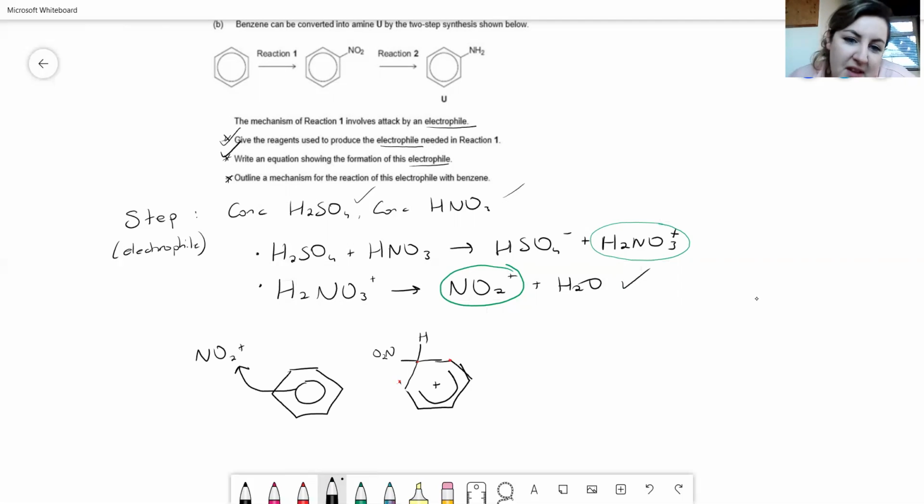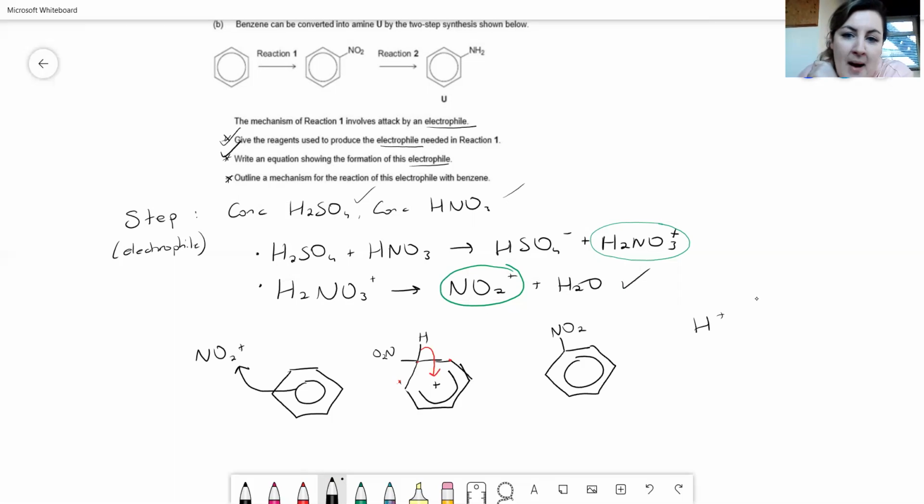So what happens is the electrons involved in this carbon hydrogen bond here will actually go back and reform the delocalized ring structure. So essentially I get my benzene with my nitro group on it, that's my nitrobenzene. Now obviously I also have this H plus hanging about. You get full marks here, but I might as well add further so that you understand what's going on. So this H plus is from this H that's been eliminated.